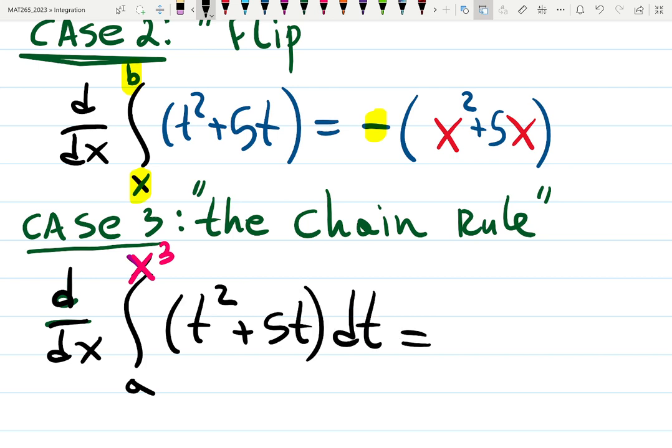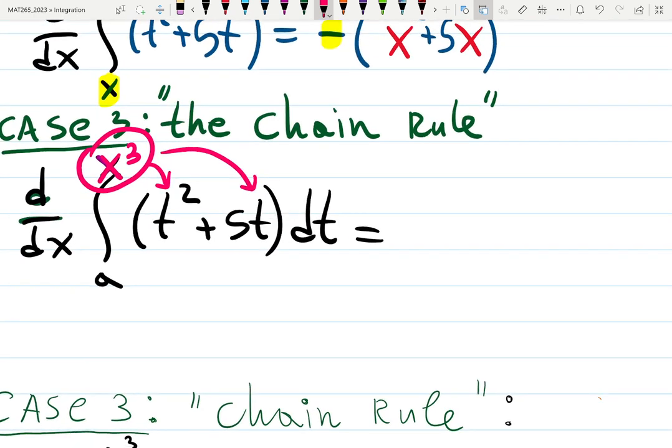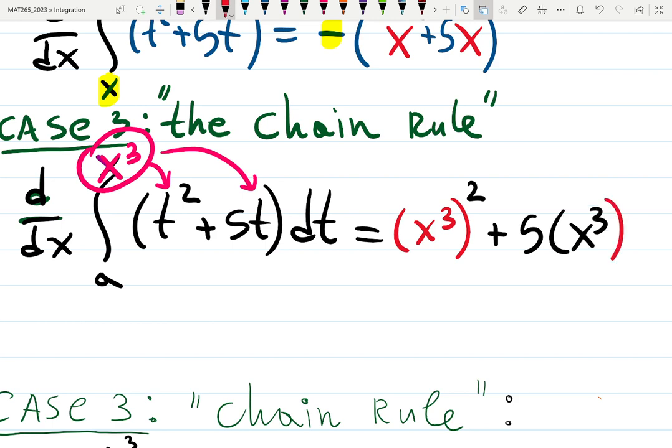You plug in, and then you multiply by the derivative of that function. So plug in this whole thing everywhere you see t, just like you did before, but now it's not a simple case. So it's going to be x cubed squared plus 5x cubed.